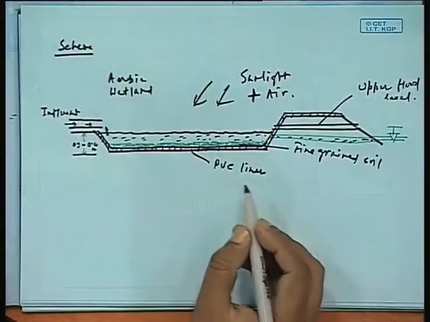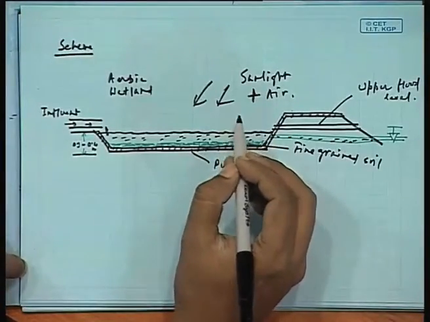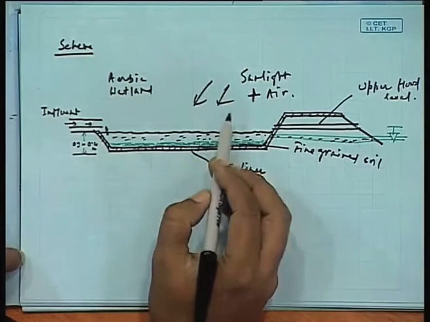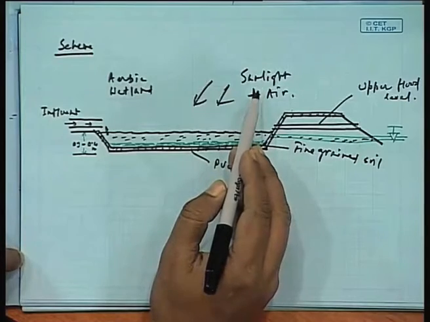So the total energy is derived from sunlight itself. All these reactions require a certain energy to take place, isn't it? So the energy for the reactions is obtained from the sunlight.